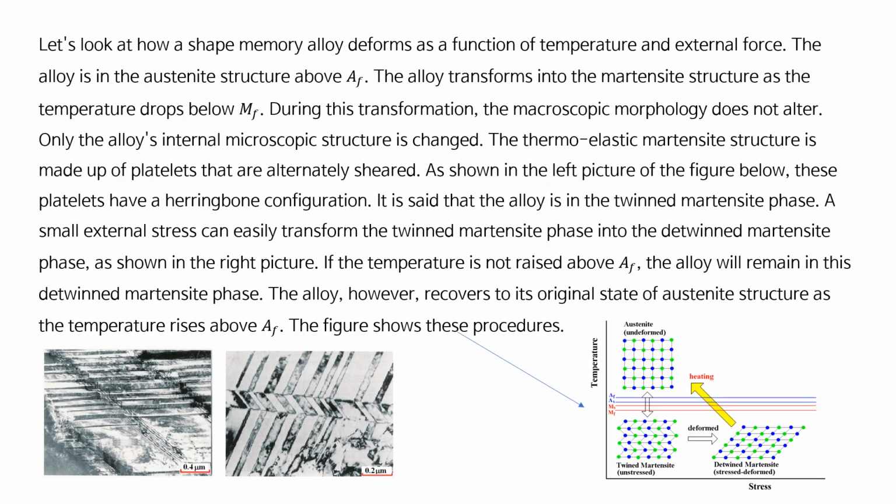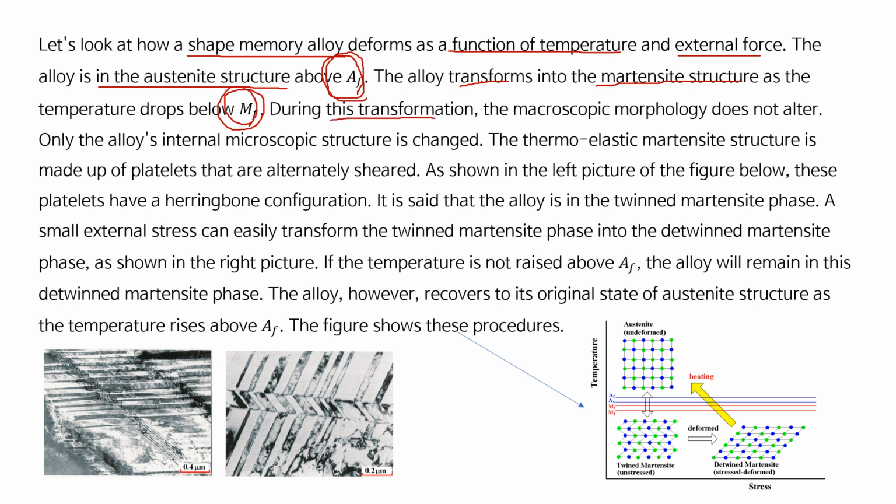Let's look at how a shape memory alloy deforms as a function of temperature and external force. The alloy is in the austenite structure above austenite finish temperature AF. The alloy transforms into the martensite structure as the temperature drops below martensite finish temperature.